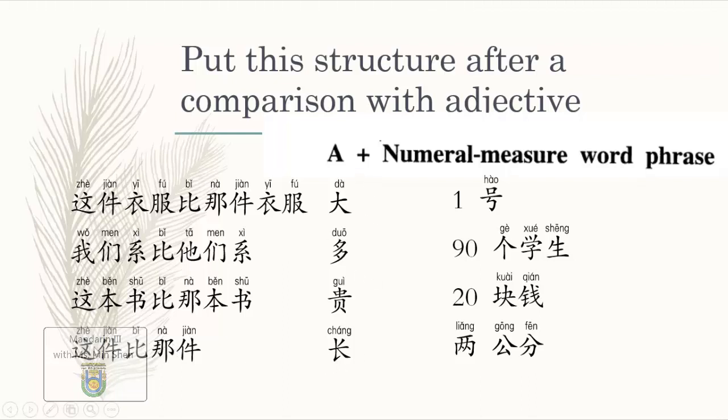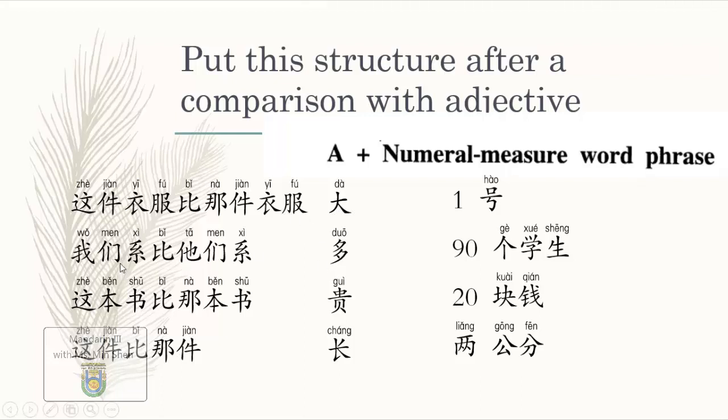As we got to know before, we have the comparison with adjective. For example, 这件衣服比那件衣服大. This is the comparison we mentioned before. This piece of clothes compared to that piece of clothes is bigger.